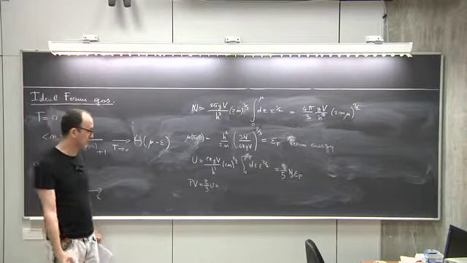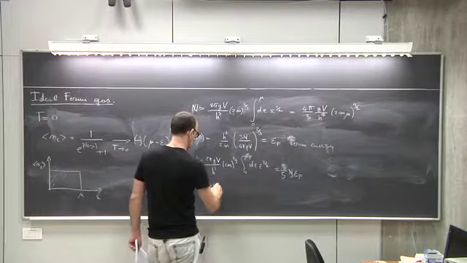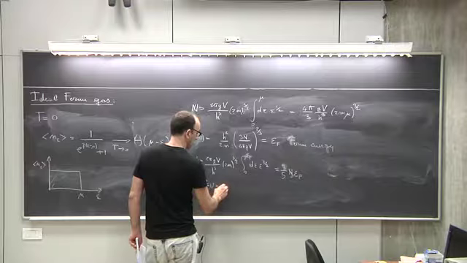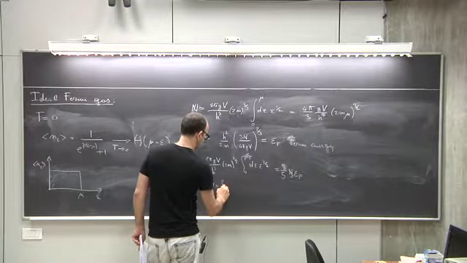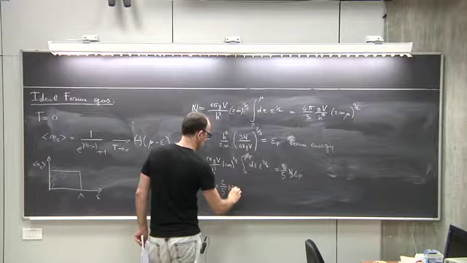It's a very general relation. And so from this you get that PV is equal to 2/5 n epsilon f.